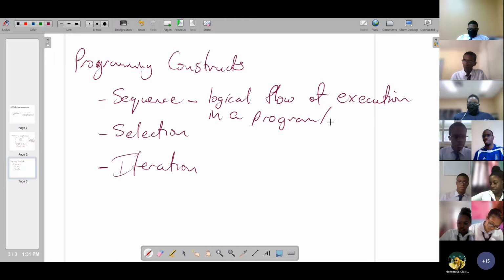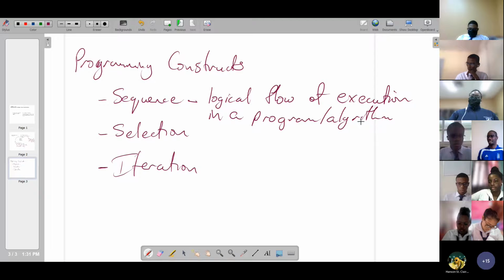I'll use the words program and algorithm interchangeably sometimes. Know that all programs involve algorithms, but all algorithms are not programs, because you could have pseudocode algorithms, flowchart algorithms, etc. So we have the logical flow of execution in a program or algorithm.